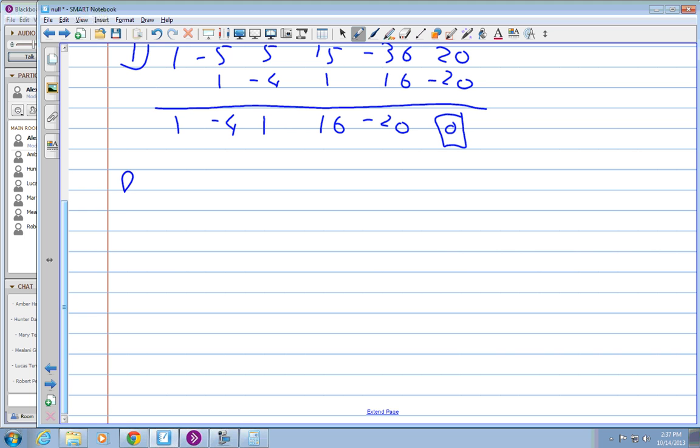So at this point, our polynomial is x minus 1 times a 4th degree, so this is x to the 4th minus 4x cubed plus x squared plus 16x minus 20. I'm missing an x here, 16x.